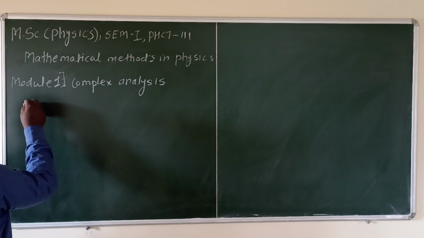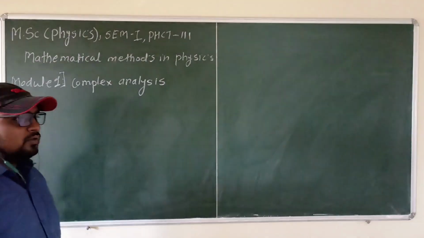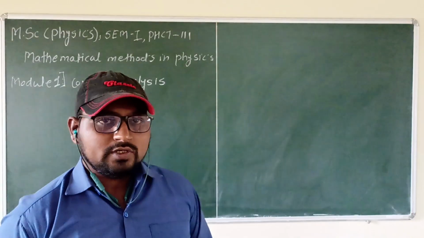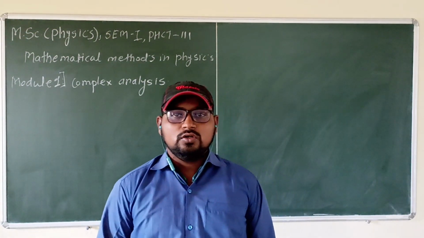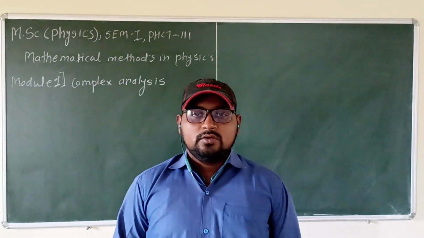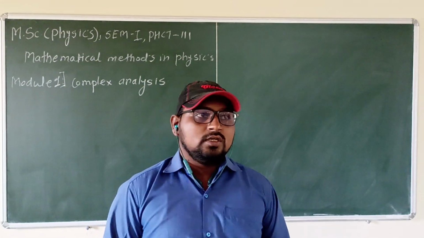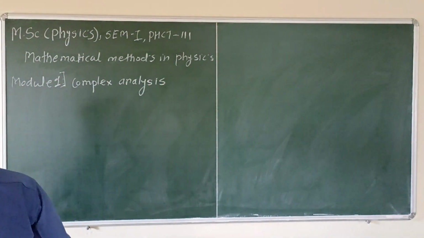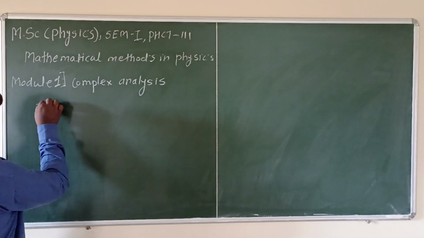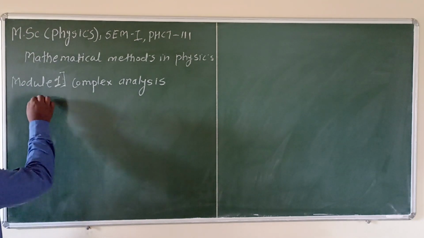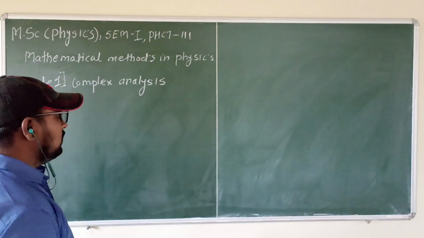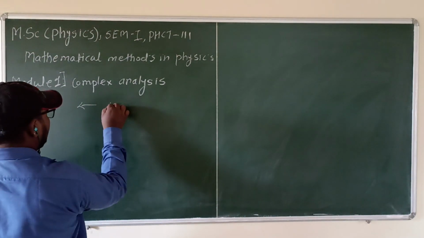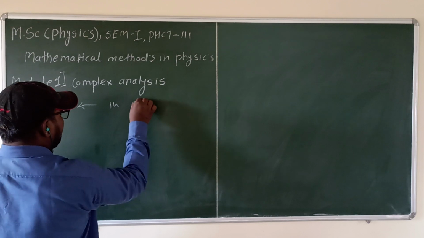Initially, at the starting phase of inventing numbers like natural numbers, whole numbers, and fractions, there was a situation where scientists could not find an equivalent for the number square root of minus 1, which is involved in quadratic equations.